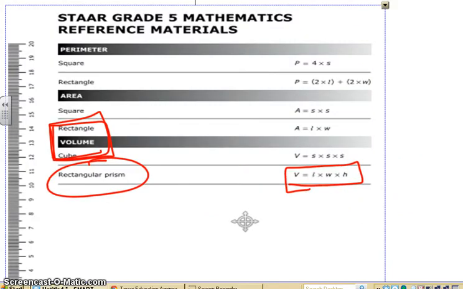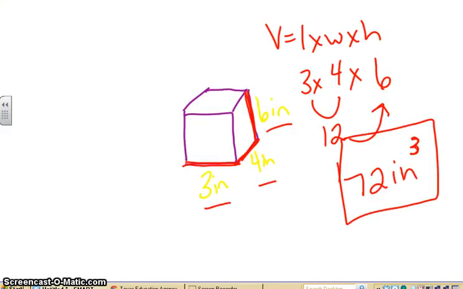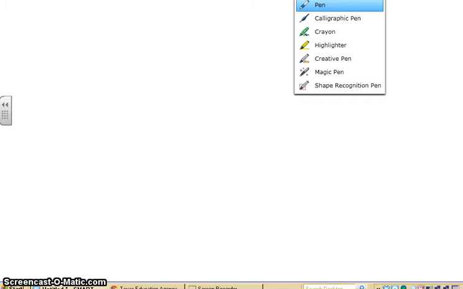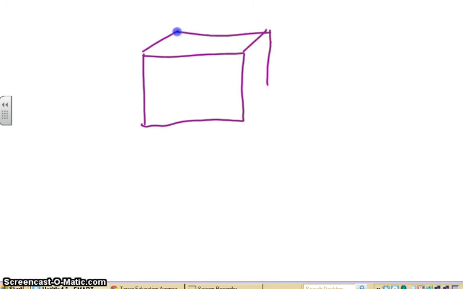Okay, let's look at another one. Let's say that I give you this rectangular prism. It looks very similar to the last one, just a little bit more stretched out. That's what makes it a rectangular prism. I'm going to say that the length is 7 inches, the width is 2 inches, and the height is 4 inches. So I want to know what is the volume of this shape.